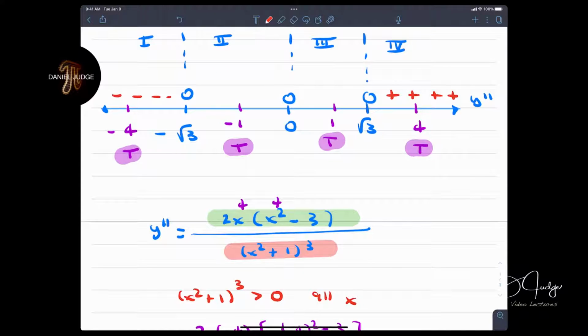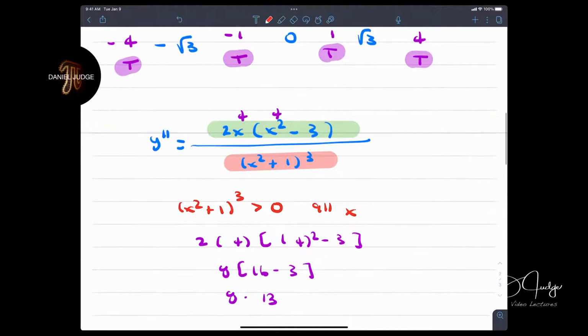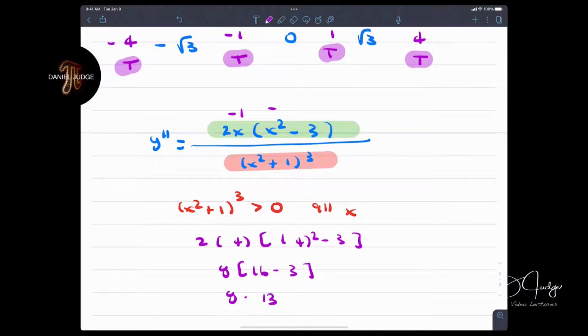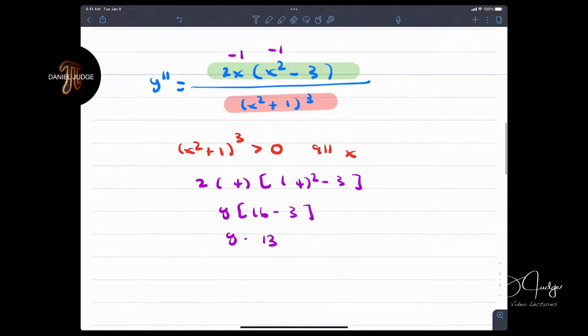That just means region 2 and region 3 need to be tested. Just have to test the numerators because the denominator is always going to be positive. So when we test -1, just for the numerator, -1 squared, that's 2 times -1 is -2.